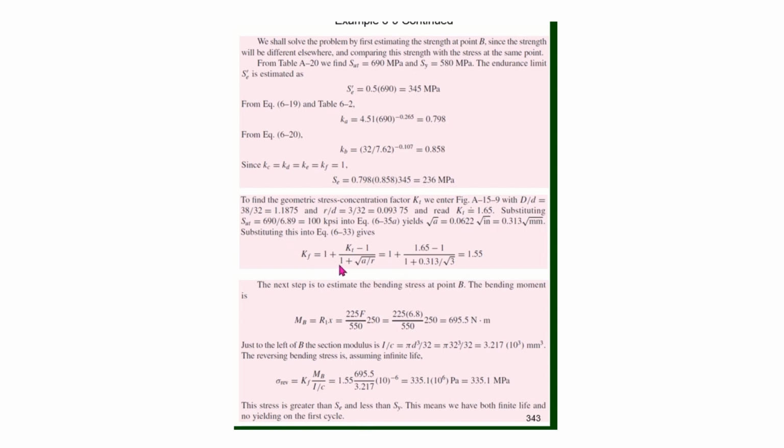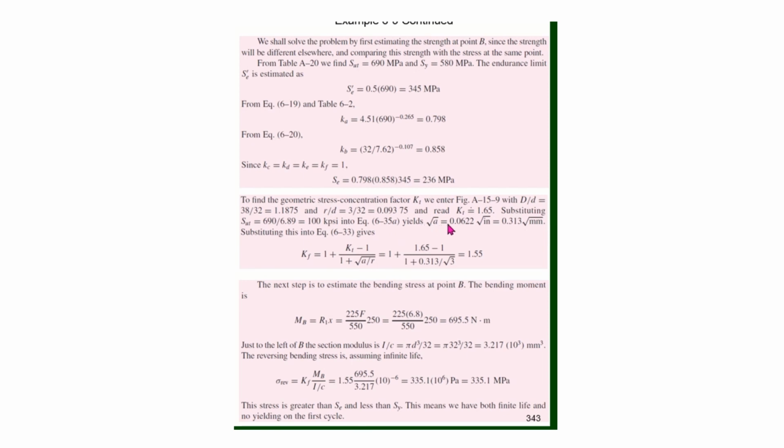Then we can come to this expression here for big KF based on notch length, and we can substitute in KT and are given a and r for this problem. And so we can compute big KF.